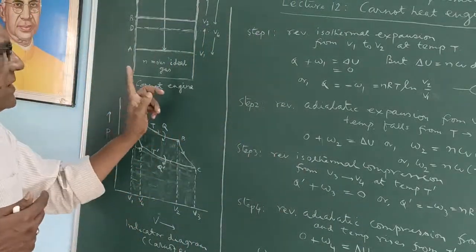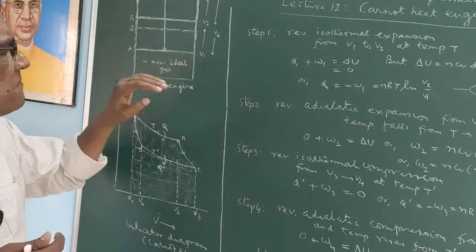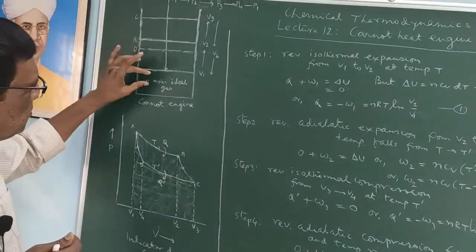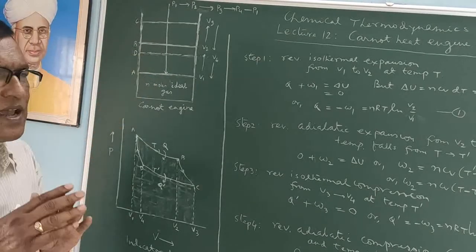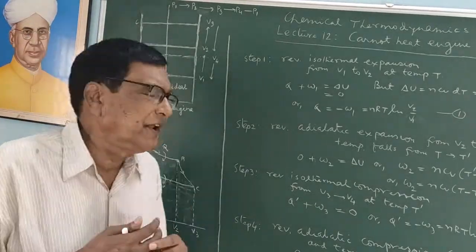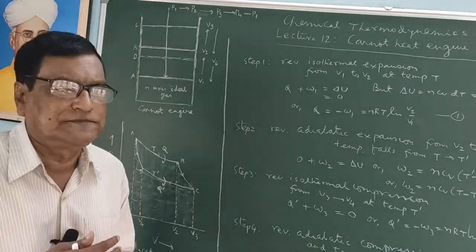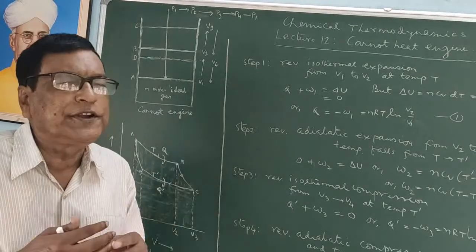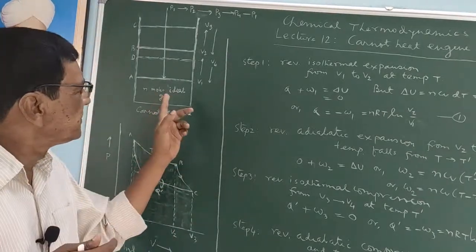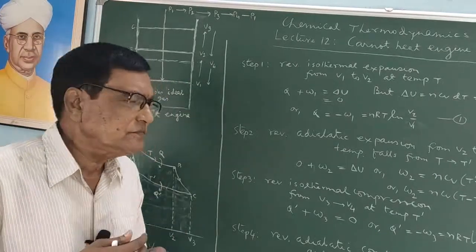This cylinder goes through these 4 steps, and in the first step, n moles of an ideal gas have been taken as the working substance, or any fluid we can use as the working substance in this Carnot engine.